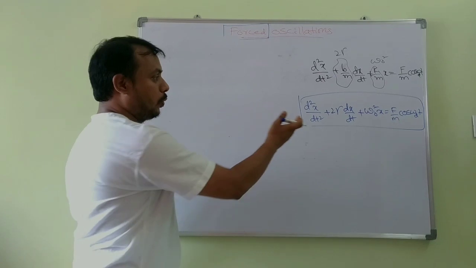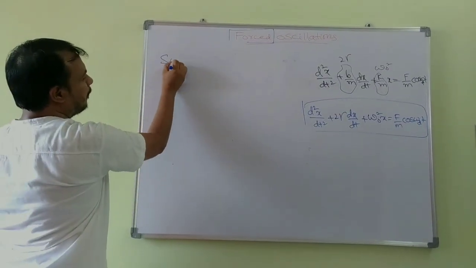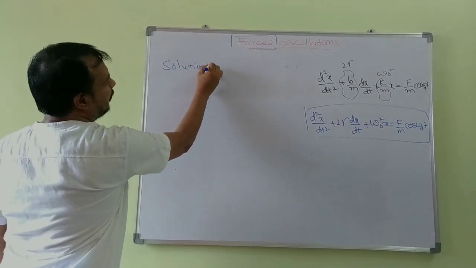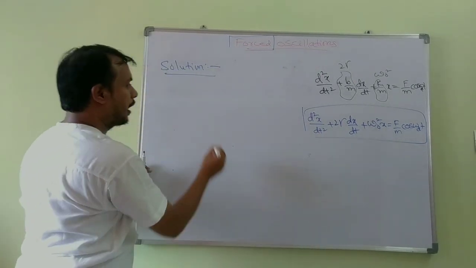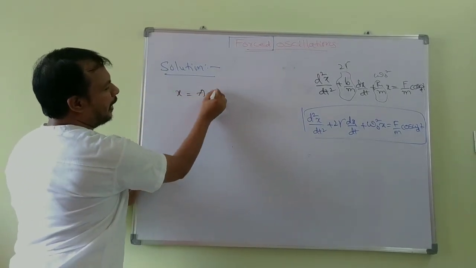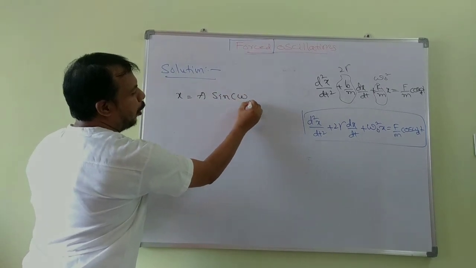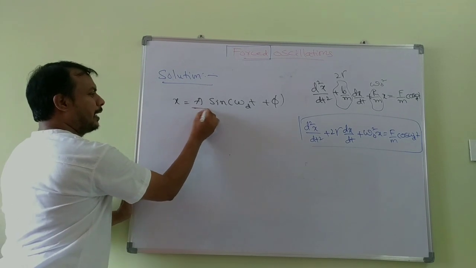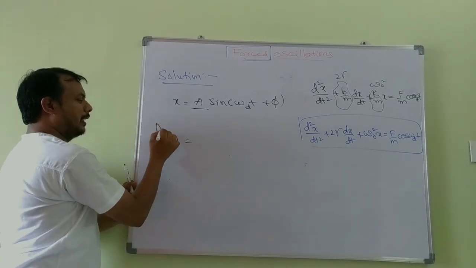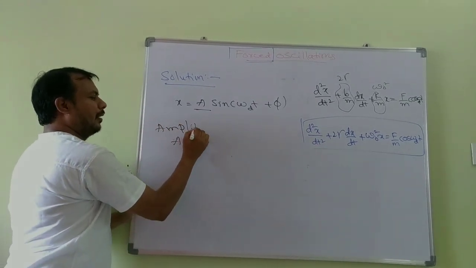So now we will discuss the solution of forced oscillations. The solution becomes x equals A sin omega d t plus phi. A is the resultant amplitude.